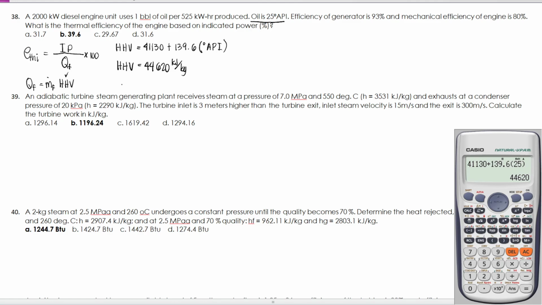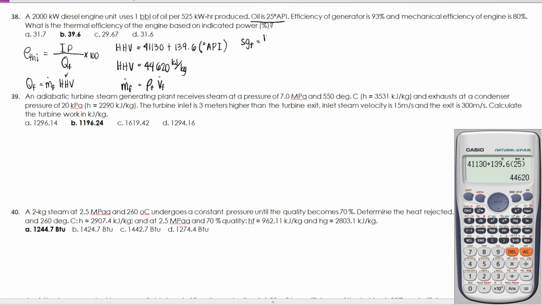Para naman sa mass flow rate ng fuel, so makukuha natin yan from the property ng fuel which is the density at saka volume flow rate. So, again, from the density na mass over volume, ang mass flow rate ay equal sa density ng fuel times the volume flow rate ng fuel. So, para sa pagkuha natin ng density ng fuel, so kailangan meron tayong specific gravity ng fuel. Again, manggagaling yan dito kay degree API.